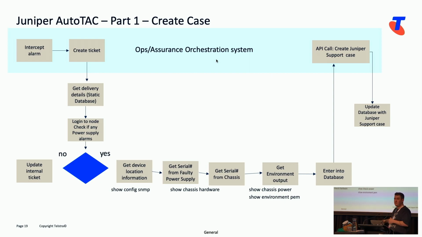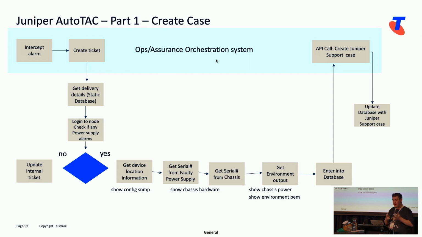And both of these are just statically defined because our devices are not going to grow legs, they're not going to move, hence we don't need to update that too much, and we only need to update it for new devices. Once we have that information, we then log on to the devices to find what power supply is faulty.